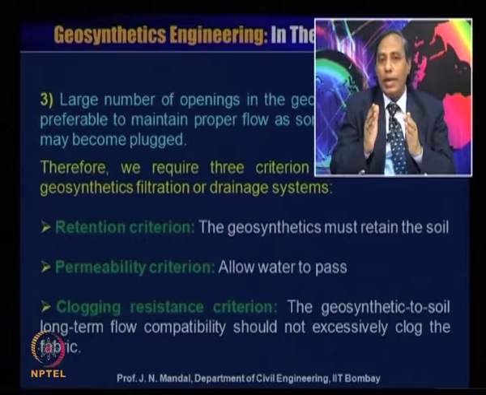So these three criteria are very important, and when you design the geosynthetic for filtration, drainage and erosion control, it must satisfy all three criteria. If it satisfies them, then that geosynthetic material is suitable for the proper application in civil engineering.